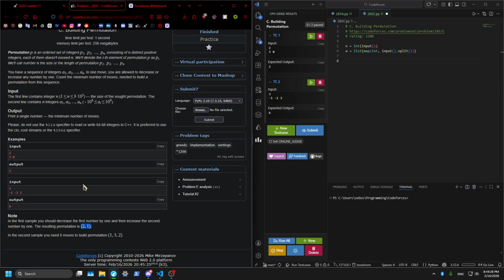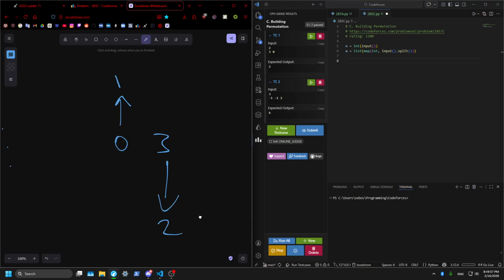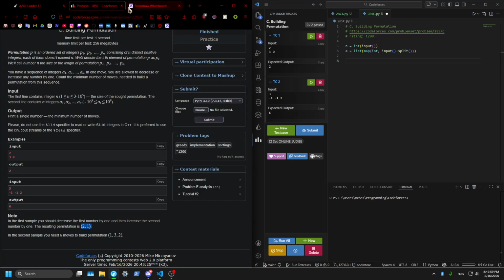Minimum amount of moves you need. So if you sort it, it's 0, 3. Move this to 1. Move this down to 2. And this 2.